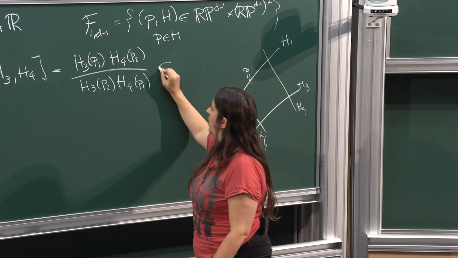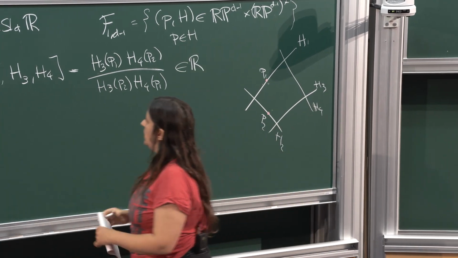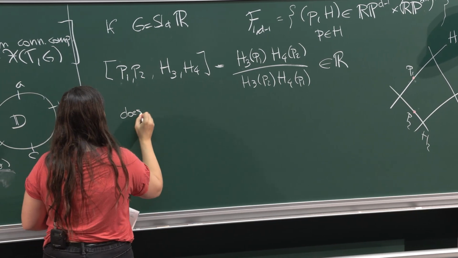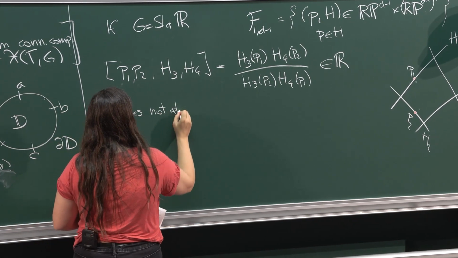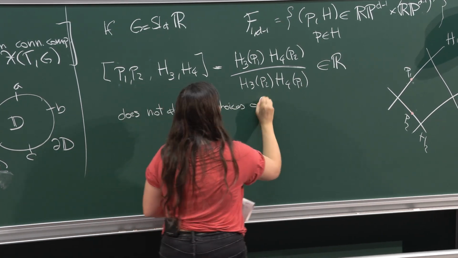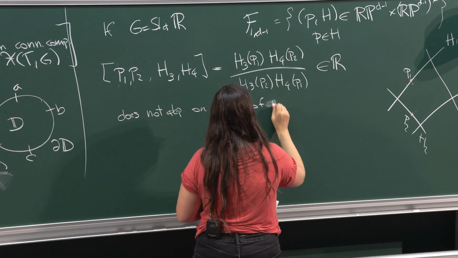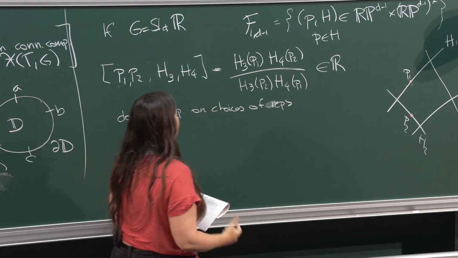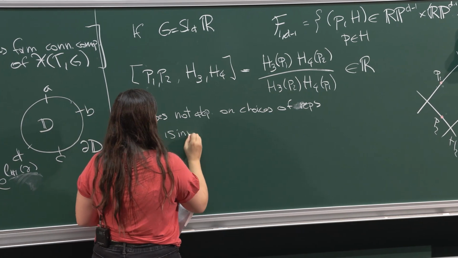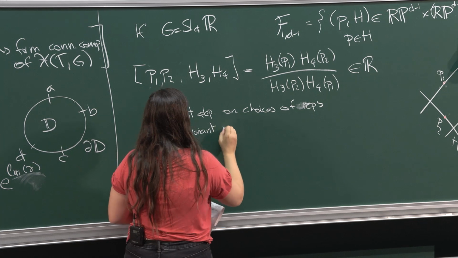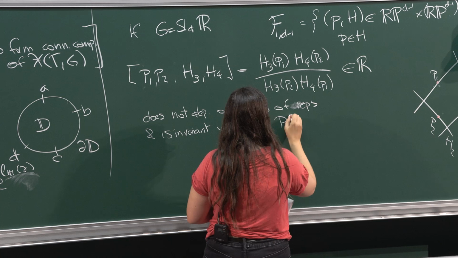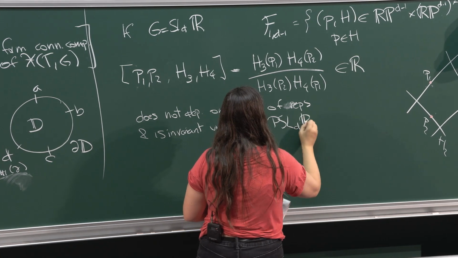So this gives me a number in R that does not depend on the choice of representatives, and is invariant under the PSLd(R) action.